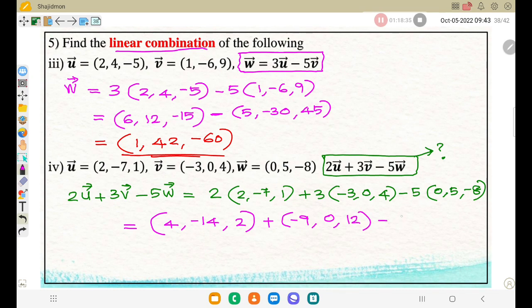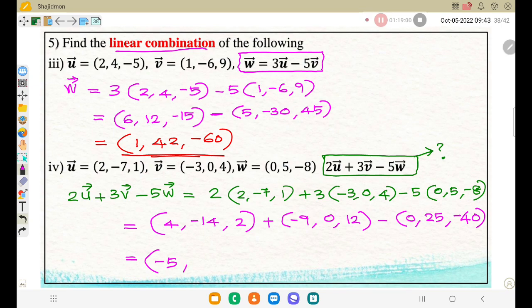Minus 5 multiply 0, 0. 5 multiply 5, 25. 5 multiply minus 8, minus 40. Now you can write in a single vector. First two vectors add and third vector subtract. So 4 plus minus 9 plus 0, minus 5.